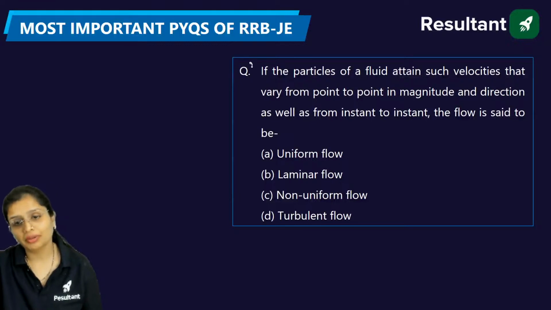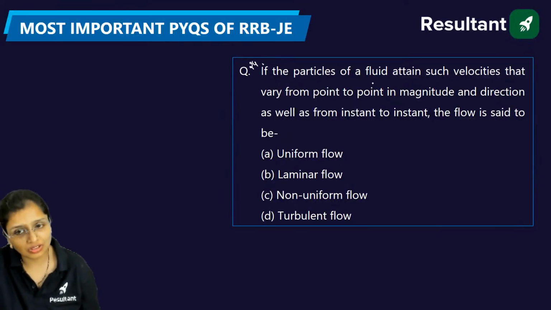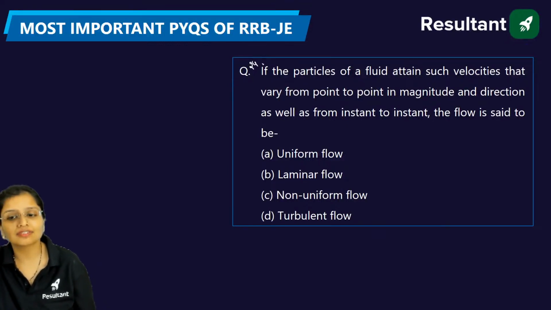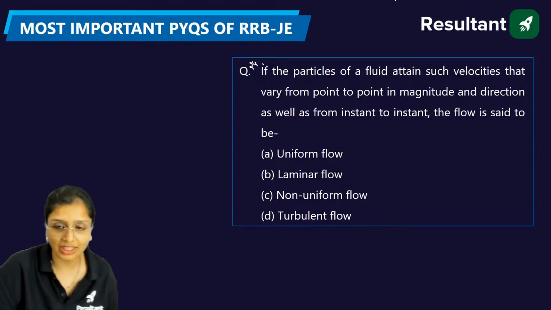Okay, 24. If the particles of a fluid attain such velocities which vary from point to point in magnitude and direction as well as from instant to instant, what do you call such type of flow?